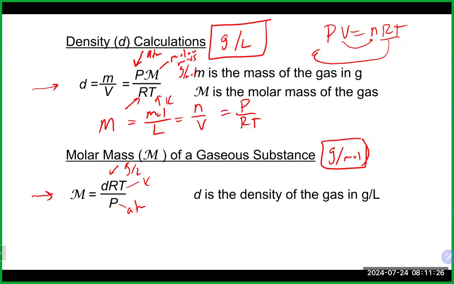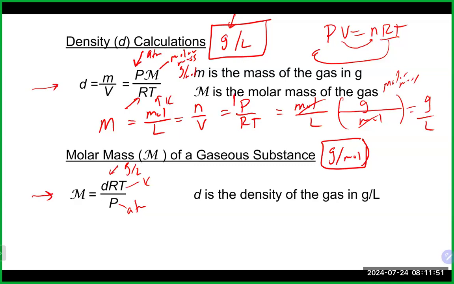So if you do this, what you end up with in terms of units is moles per liter, and you really need to get to grams per liter. So the molar mass is what you would use in that case. The moles will cancel and you'll end up with grams per liter. So you can get to these formulas through the ideal gas law.